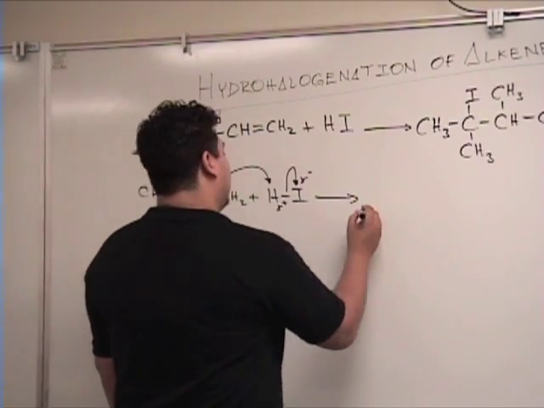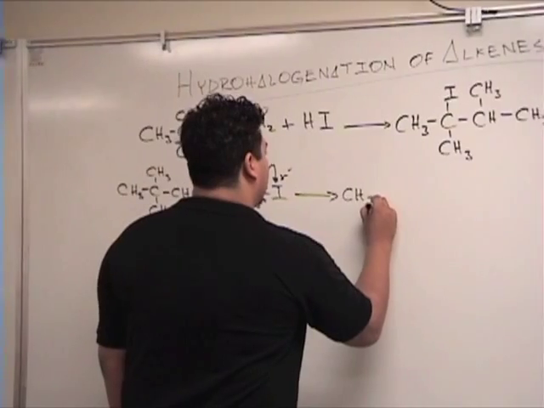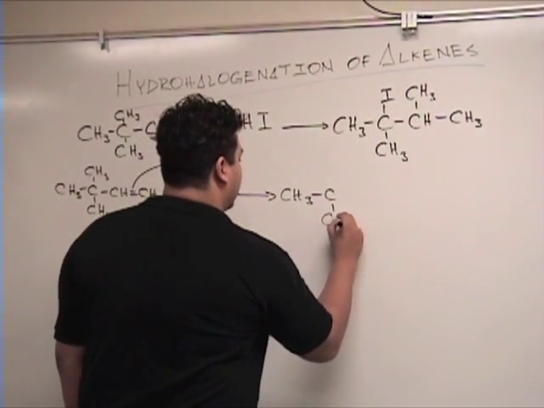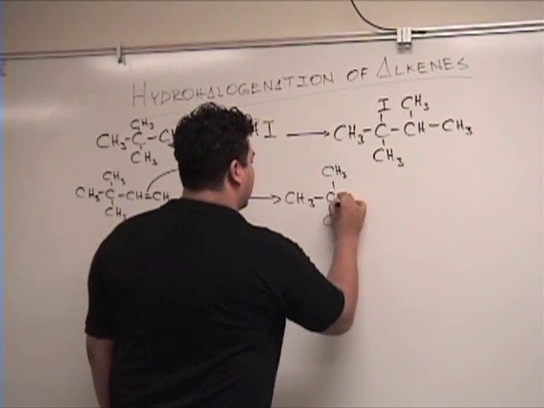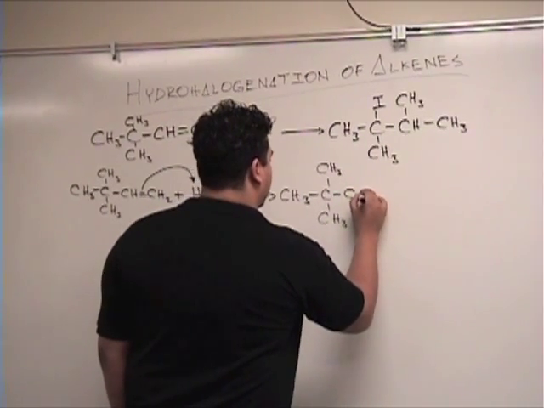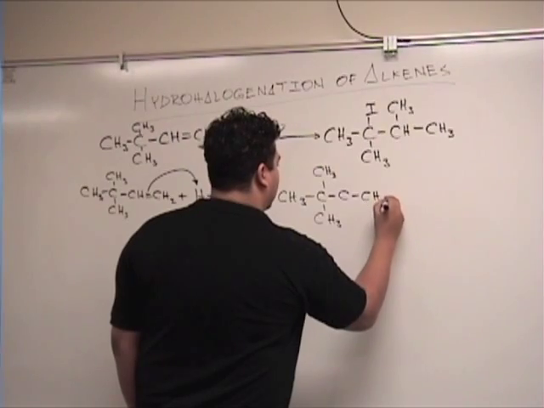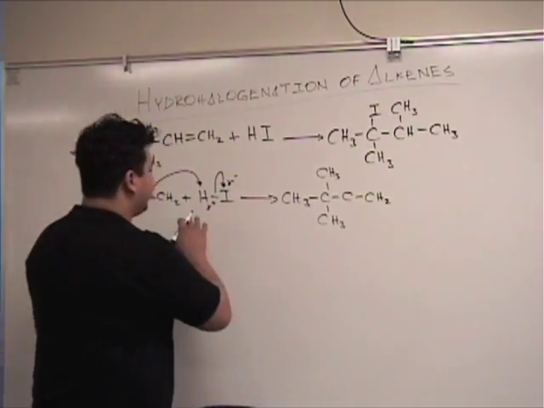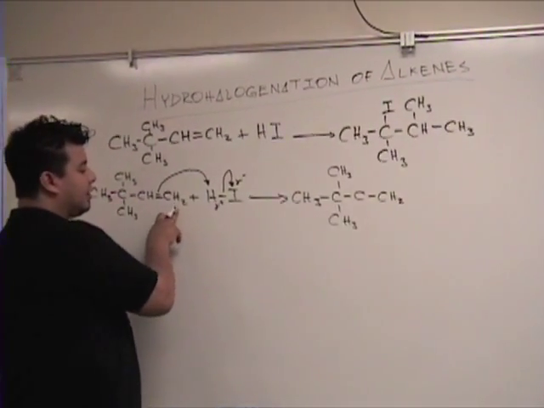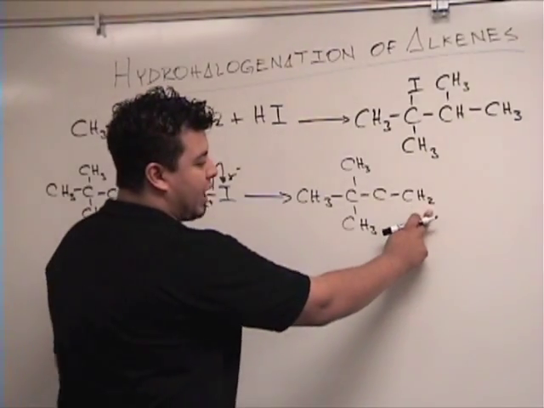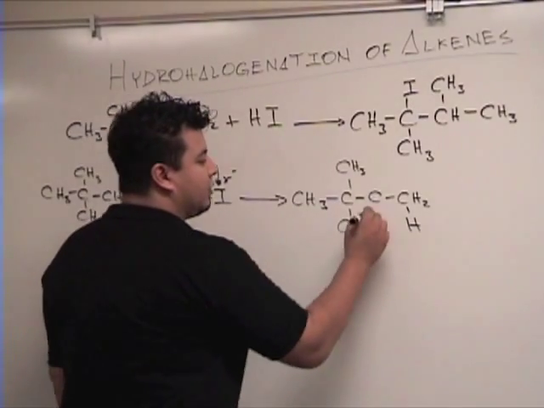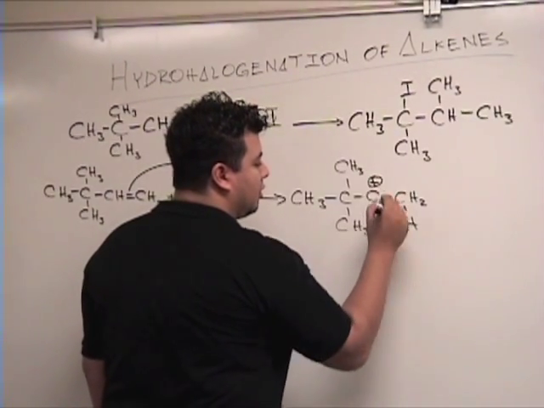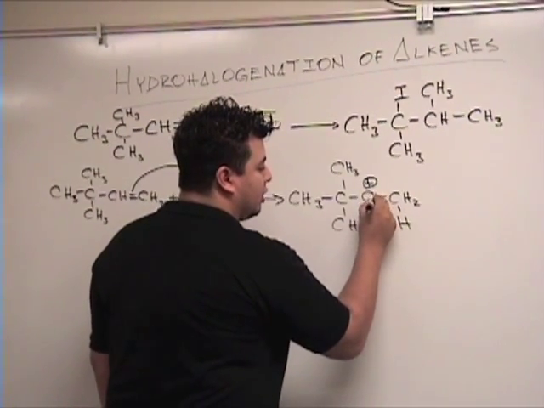And what we get is this hydrogen is going to attach to the one that has the maximum number of hydrogens right here. And then this one's going to be a carbocation, and we have an H here.